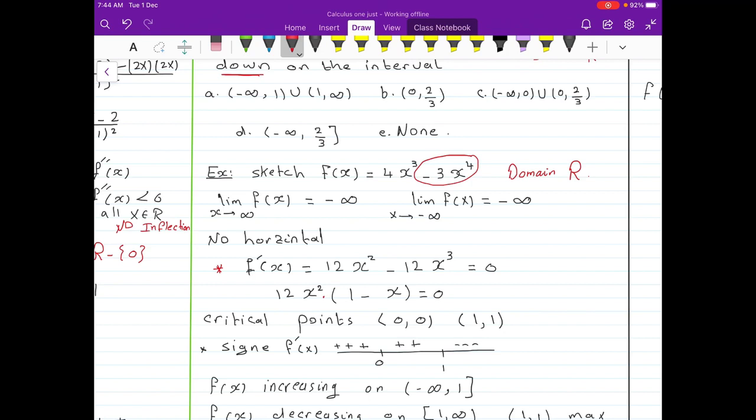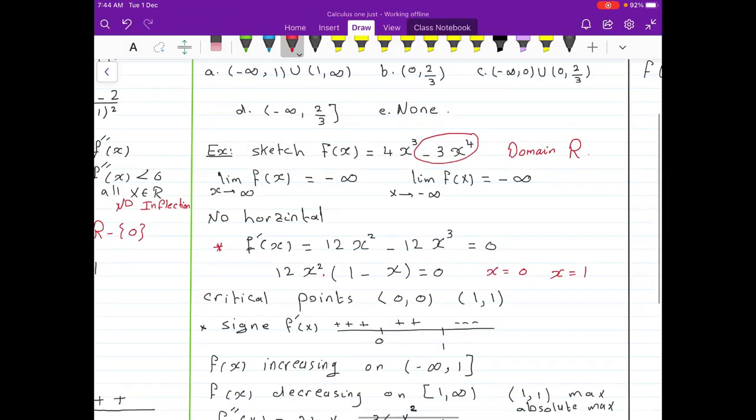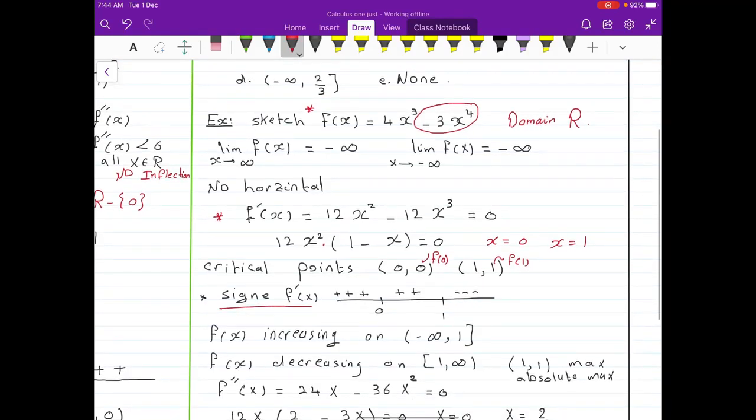Now, what are the critical points? When this equals 0, that means either x equals 0 or x equals 1. So the critical points: 0, where f(0) is 0, we substitute in this function. And 1, and we get f(1) = 4 - 3 = 1. Now we want to study the sign for f prime.